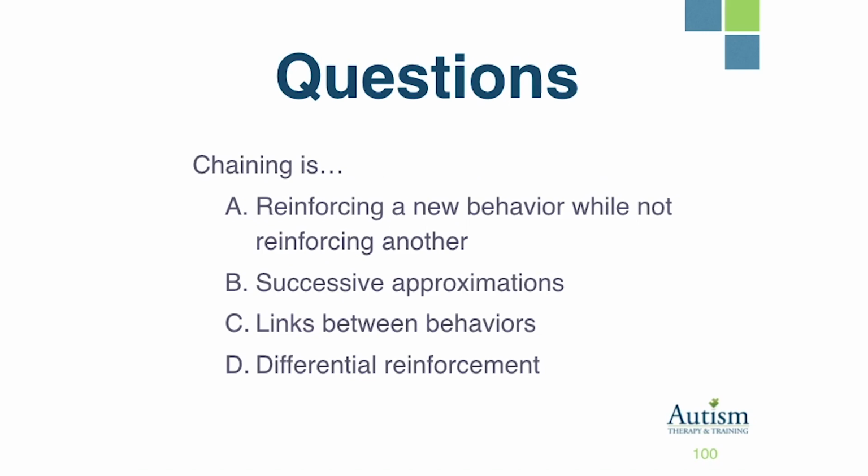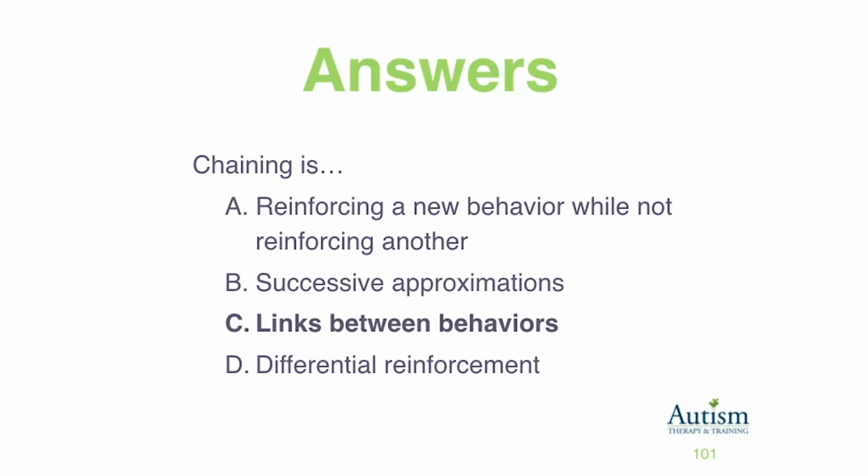Chaining is A, reinforcing a new behavior while not reinforcing another, B, successive approximations, C, links between behaviors, D, differential reinforcement. And the correct response is C, links between behaviors.